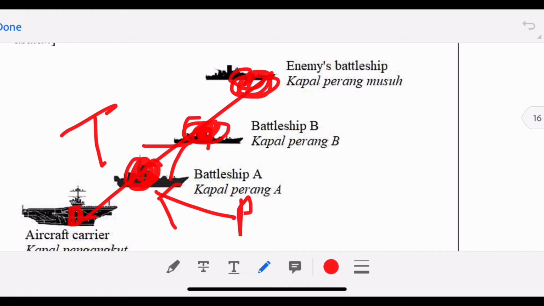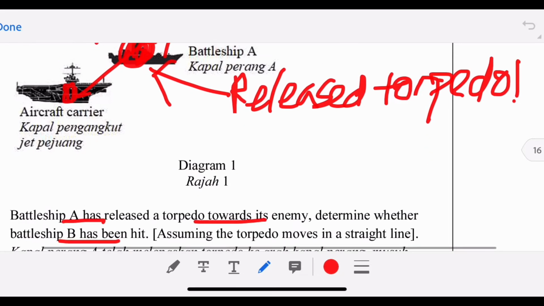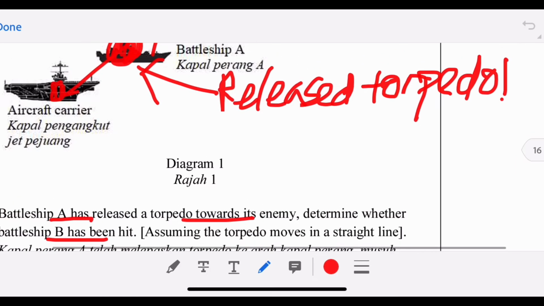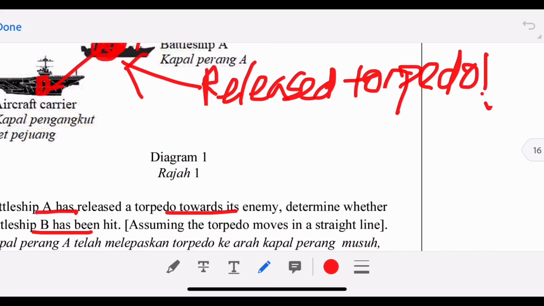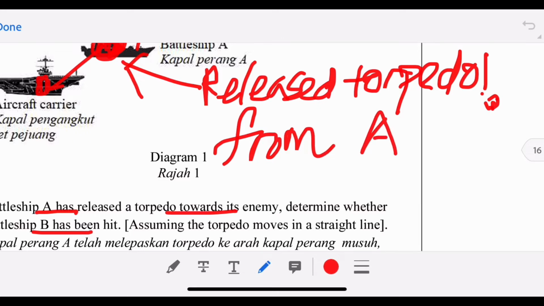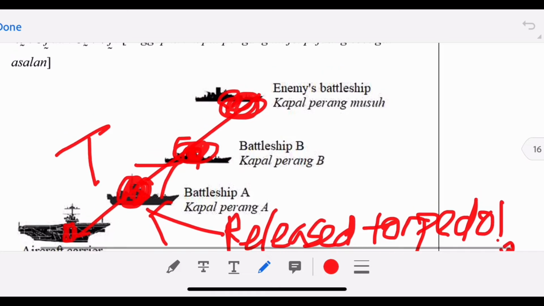When collinear, remember what I said, you have to work out a ratio for the two vectors AB and BE. Because the torpedo is released from battleship A, we start with the vector AB.